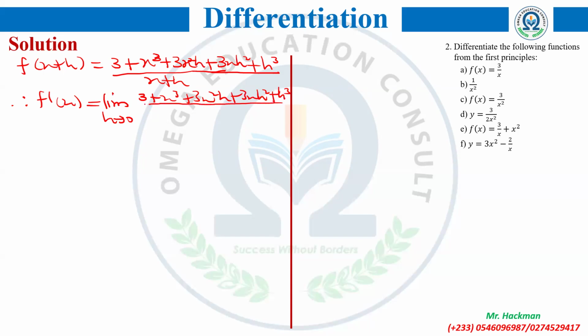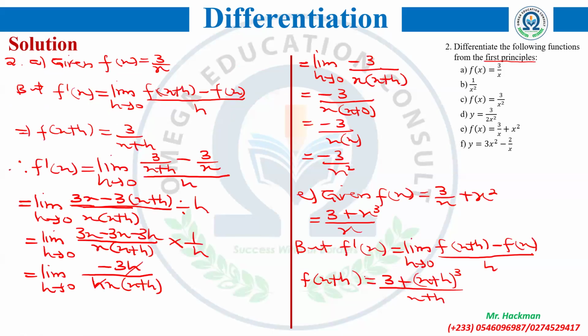This is it for only f of x plus h. Then minus f of x, which gave us the single fraction form, 3 plus x cubed over x.